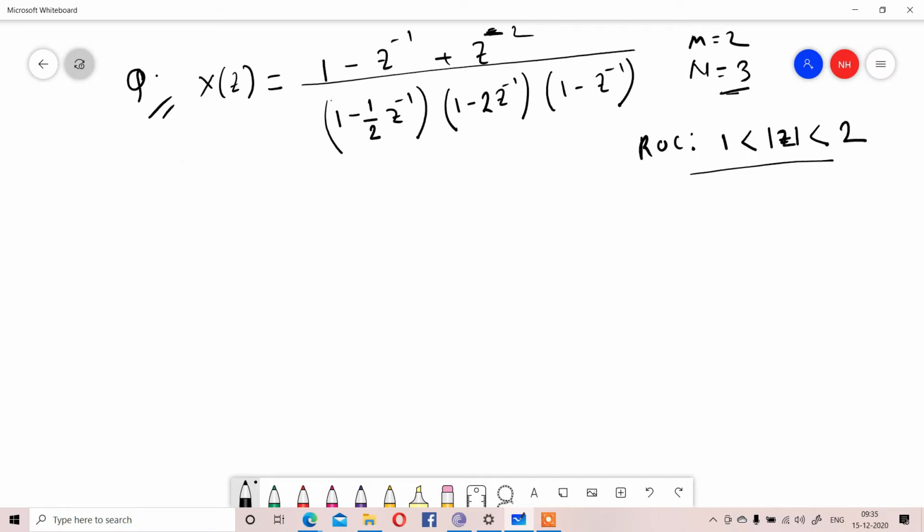Here the values are given in the form of poles. Whenever the values are given in the form of poles, it is already considered a not equal to 1, so you don't need to consider it. The condition is satisfied.